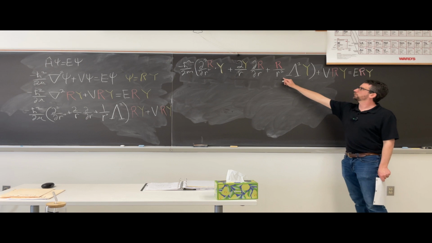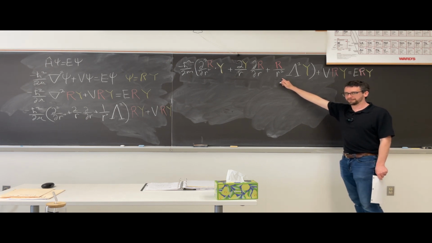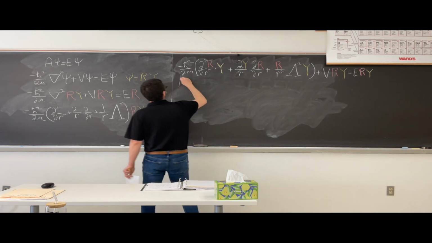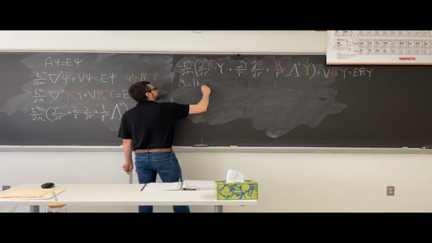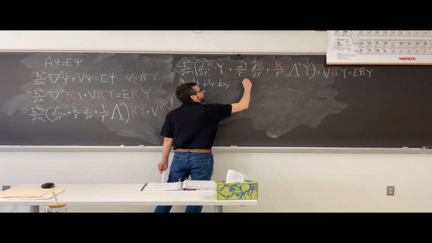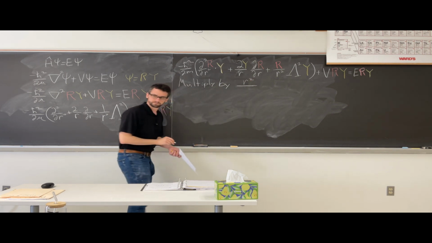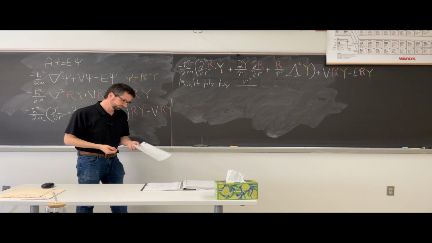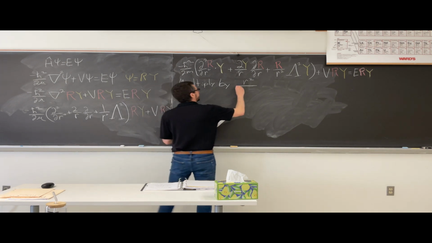What could we do to get rid of that? Yeah, so we're going to multiply by r squared divided by what? Yeah.